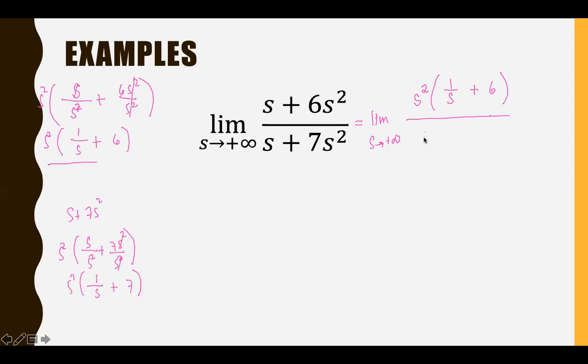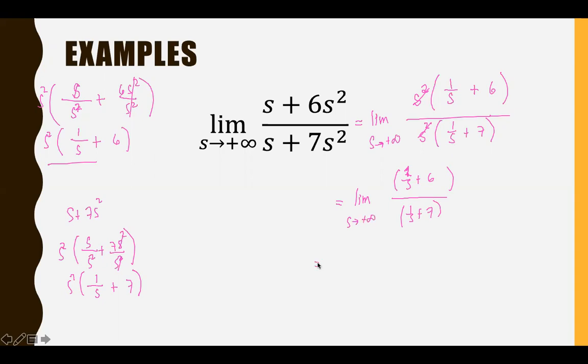So we can put here s squared times 1 over s plus 7. Afterwards, it's very obvious we can cancel them, and then we can rewrite it. So 1 over s plus 6, I'm sorry, I will write it clearly: 1 over s plus 6 over 1 over s plus 7 as s approaches positive infinity.